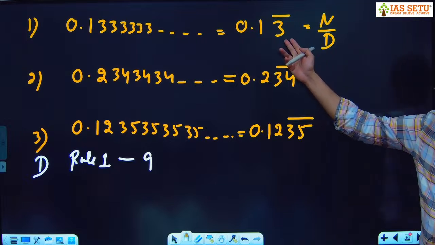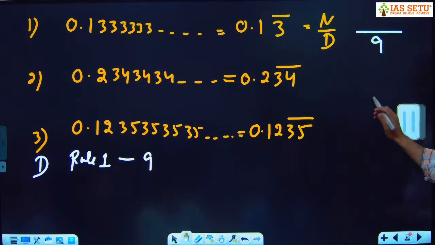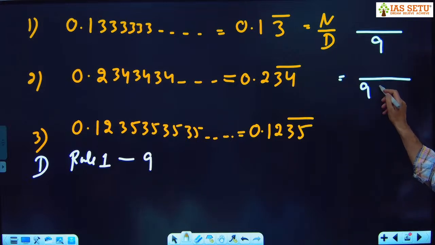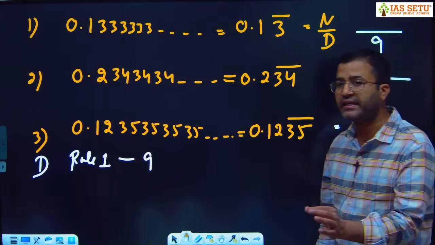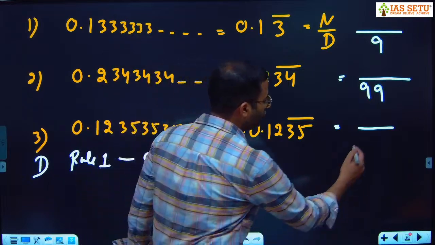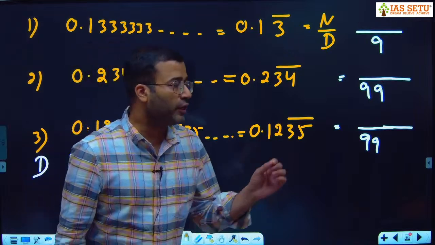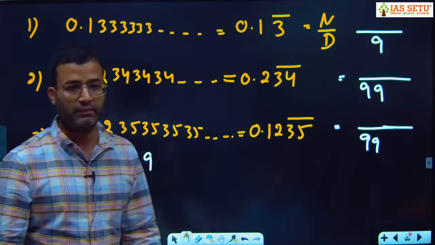Here we have 1 digit under the bar, so we put one 9. In the second question, how many digits in the bar? 2. So we have to put 99. Same as type 1. As many 9s as many digits under the bar.